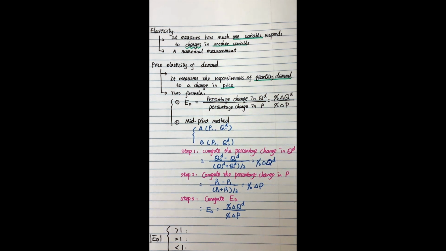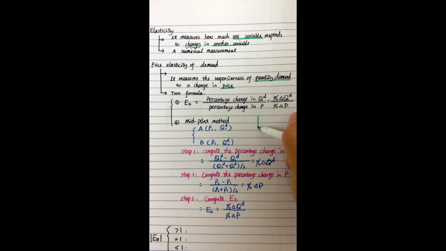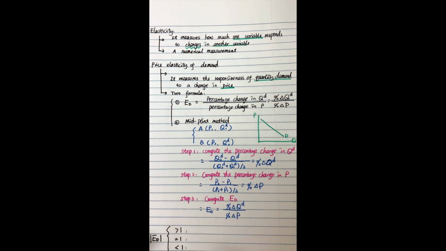So such as this. It might just give you the graph. That will be the quantity demanded. That will be the price. And this is our demand curve, downward sloping, right? And then it might tell you there are 2 points, okay?